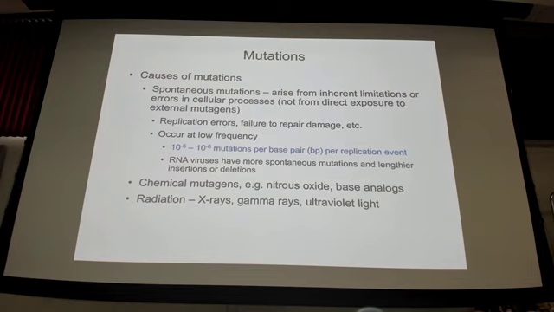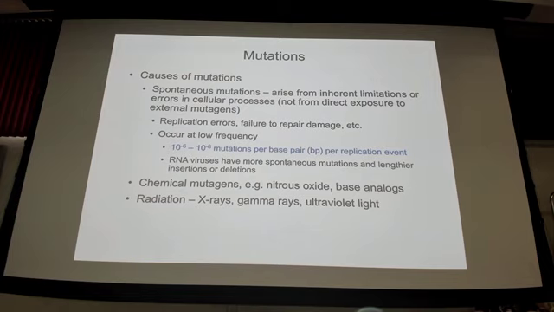It can be ionizing radiation like X-rays and gamma rays, these high energy forms of radiation that are so powerful they can induce double-stranded breaks in DNA. And then non-ionizing radiation, just exposure to UV light, can induce things like thymidine dimers, so inappropriate binding of thymidines together. So that'll mess up DNA as well. All of these things are responsible for causing mutations.